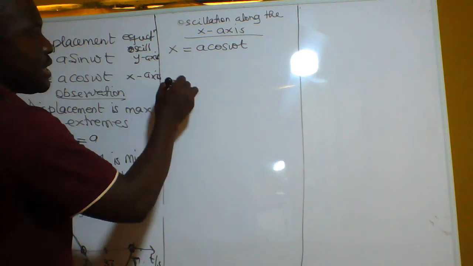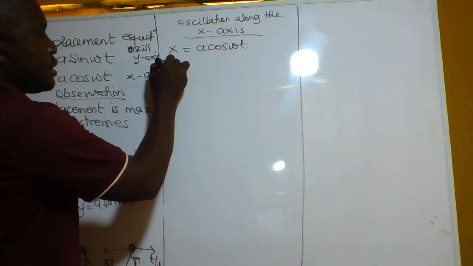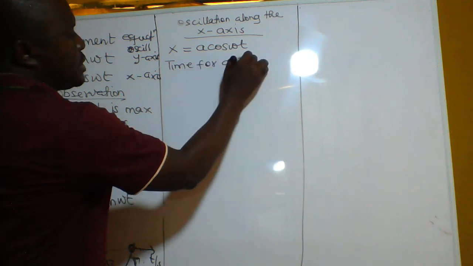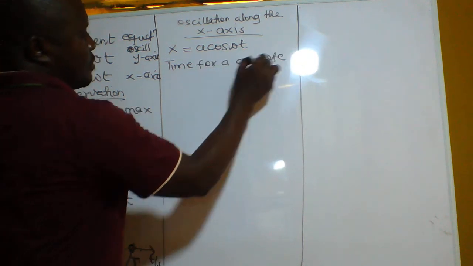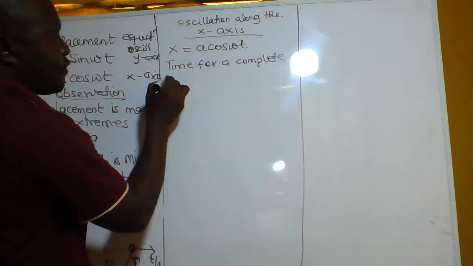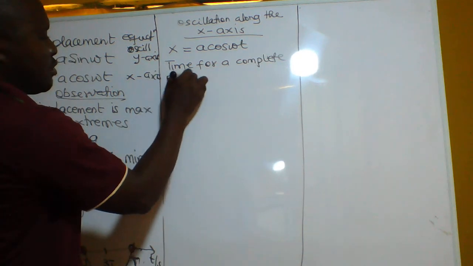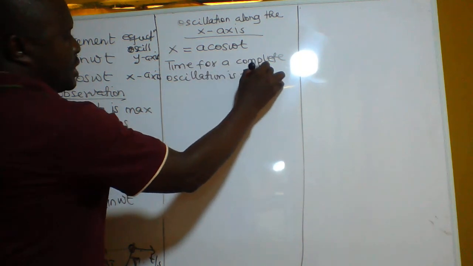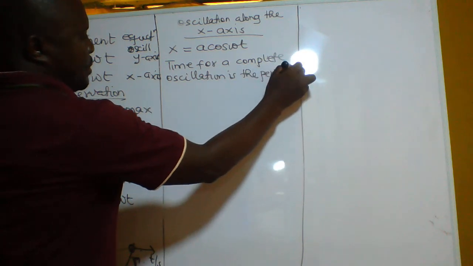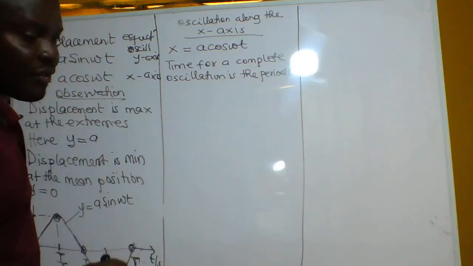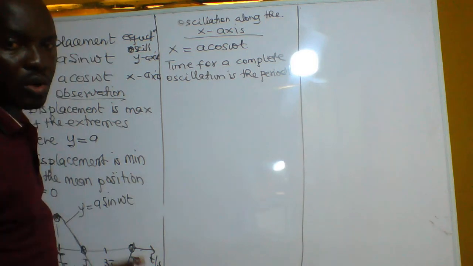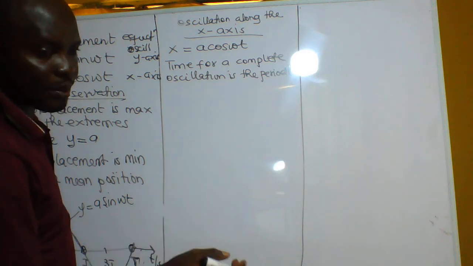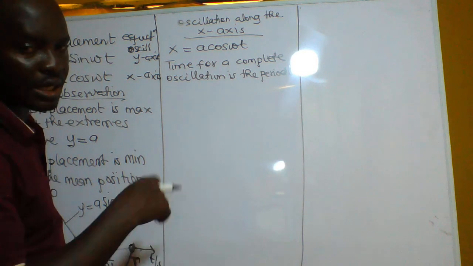So let's divide the time taken for a complete oscillation, which is the period capital T, into quadrants, or different parts: quarter of the period, half, 3/4, and then a full period.